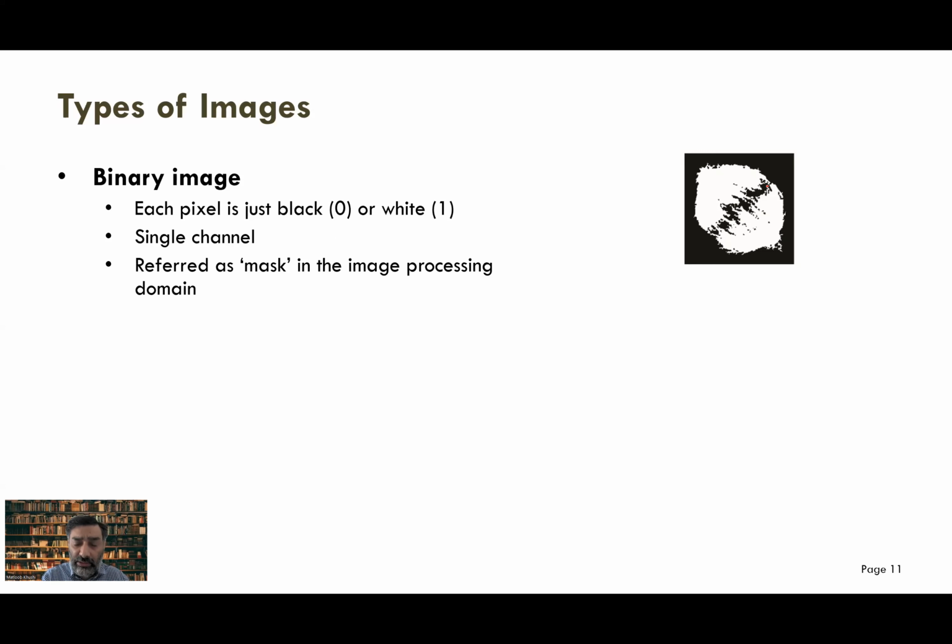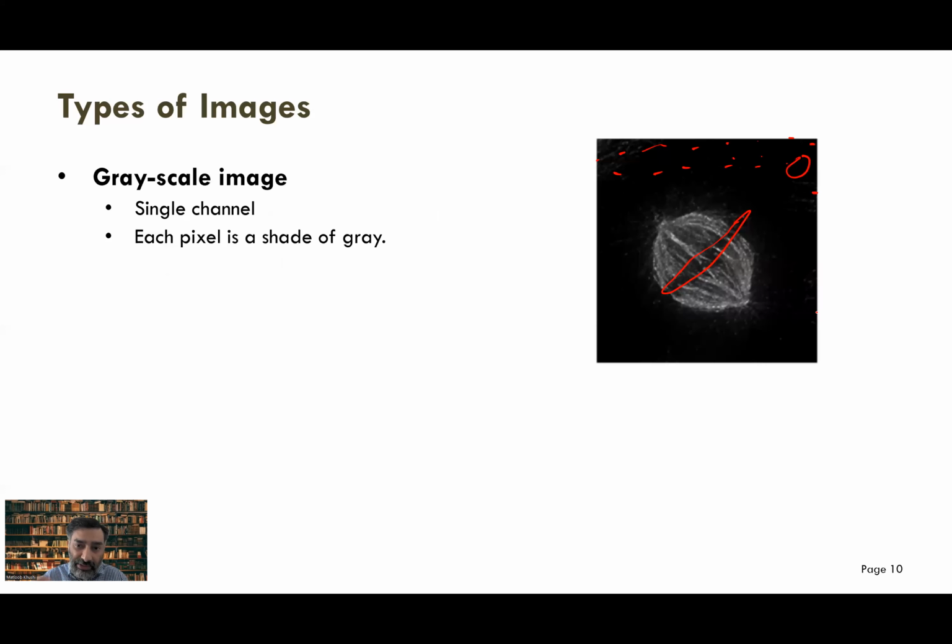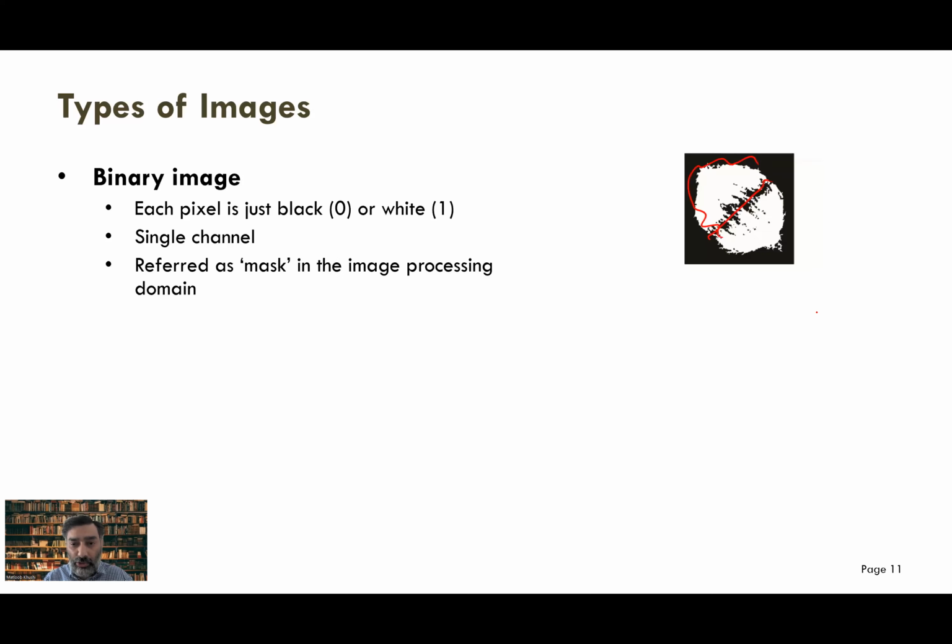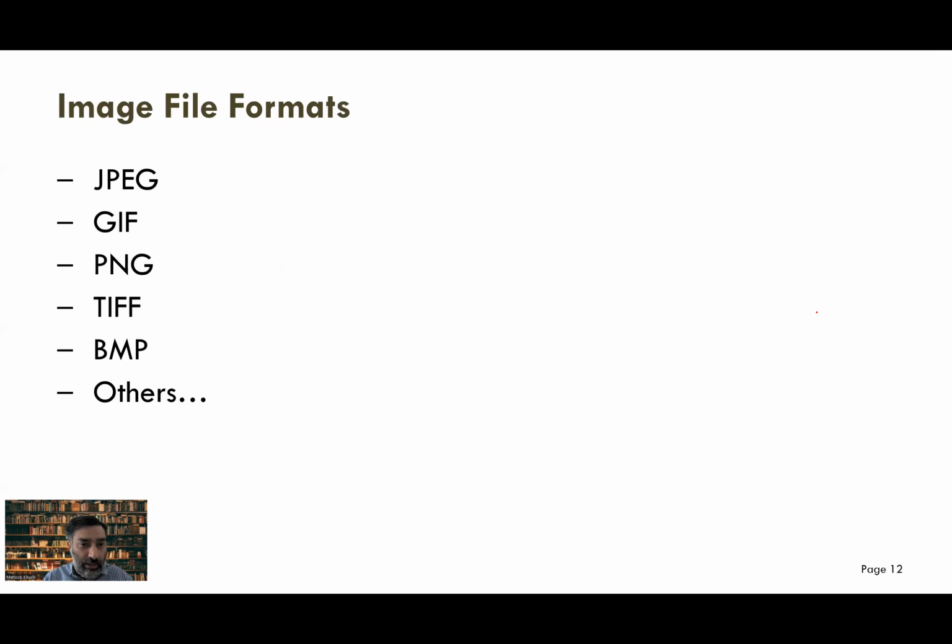Again, it's a single channel image, and we use this as a mask, and we'll look at that in more detail. Binary images are very important because they allow us to do measurements, like looking at the perimeter and the mass, and they also help us extract the region of interest, because we define the boundaries in our binary image, and then we go back to the real image and extract information from there using this mask, right?